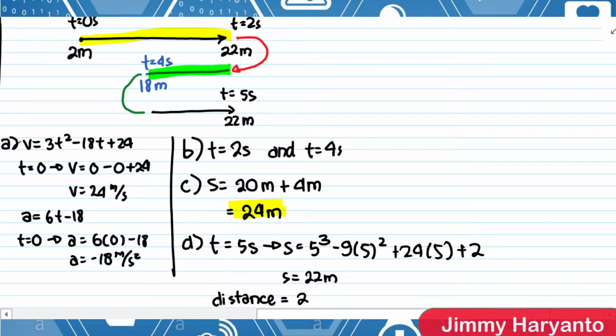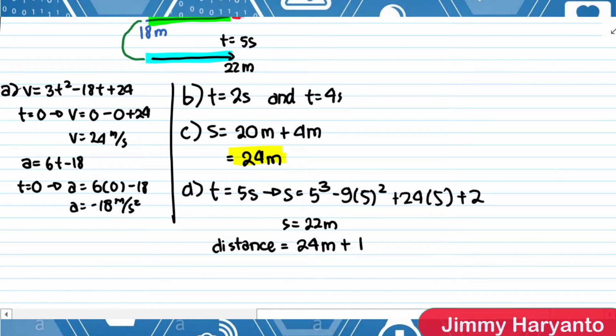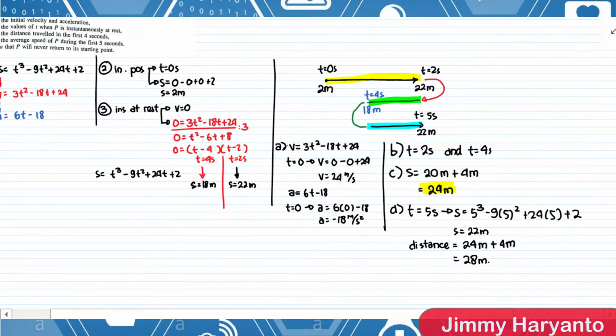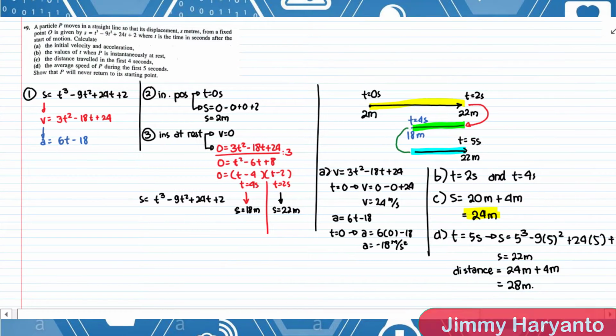Then I only have to add the last motion, which happens from 18 meters to 22 meters. That means 4 meters. 24 meters plus 4 meters, so the answer will be 28 meters. That is the distance covered for the first 5 seconds.